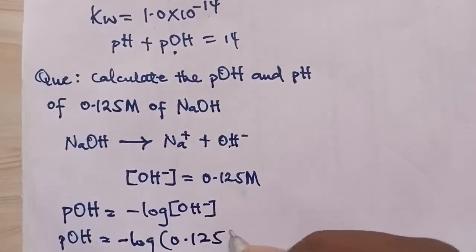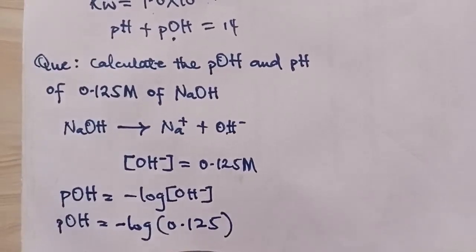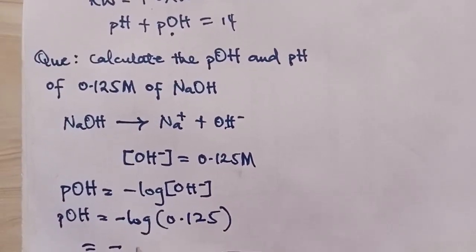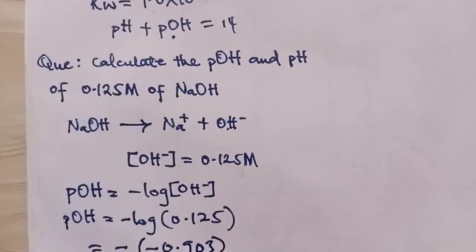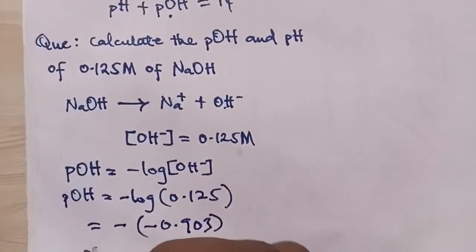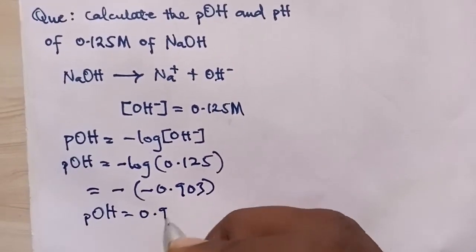So if we say that pOH is equal to negative log of 0.125, having had this, now we can have that this is equal to negative log 0.125, which will give us negative 0.903, and negative gives us positive. So what it means is that pOH is equal to 0.903.